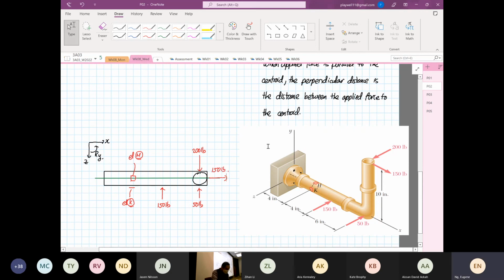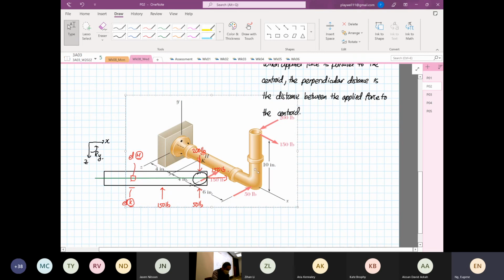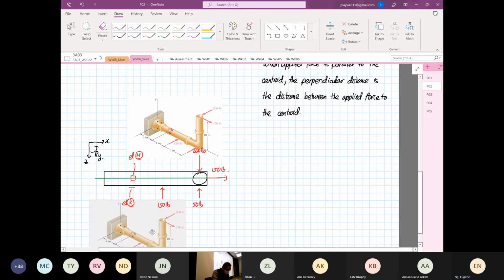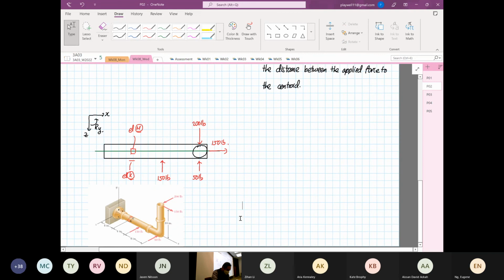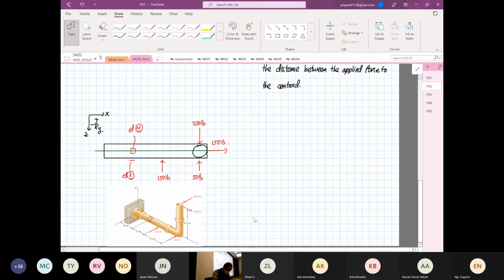So this is how our structure will look like. Let me make this small so you can refer to it. Let me put this up here.